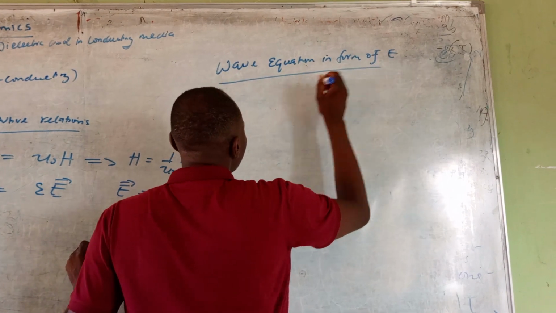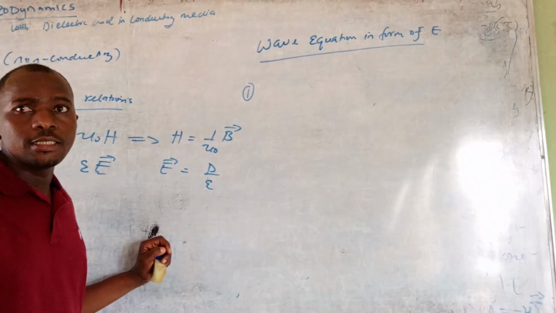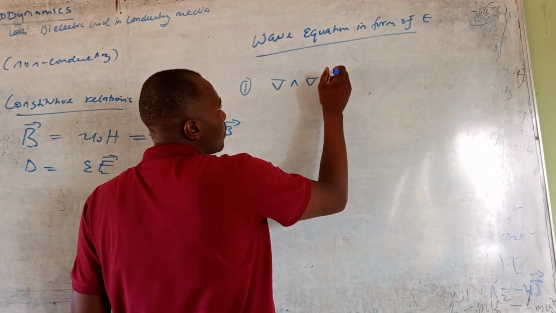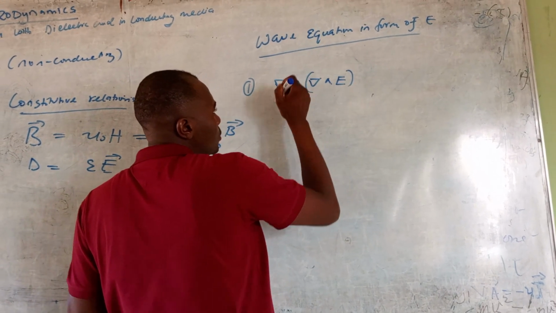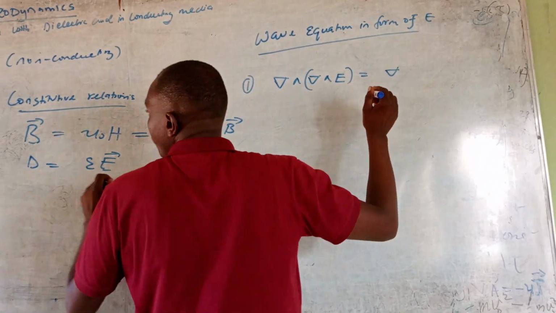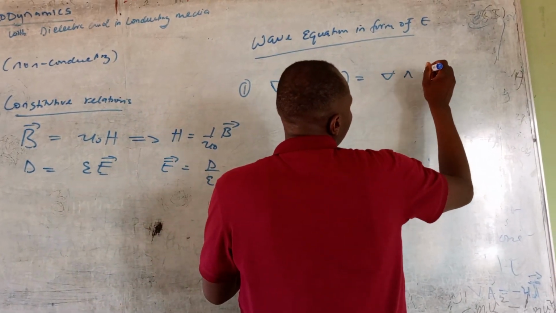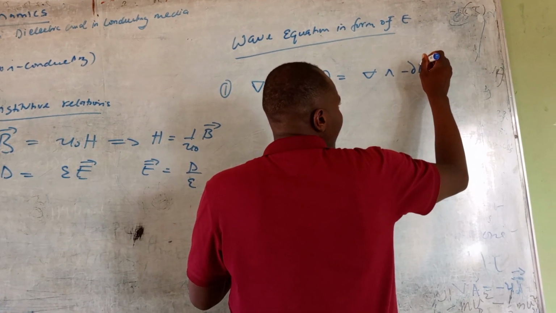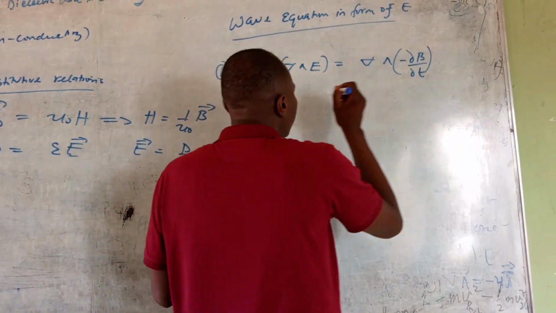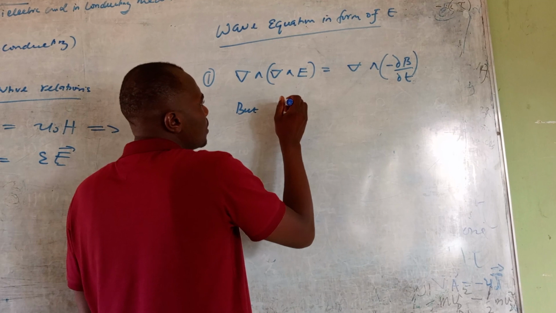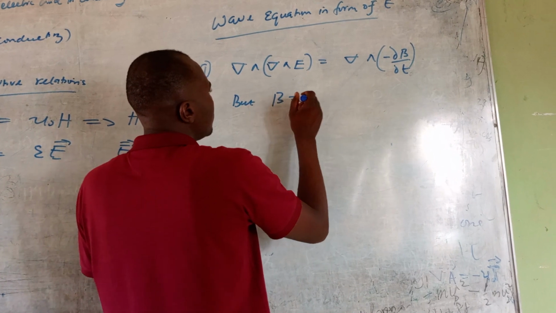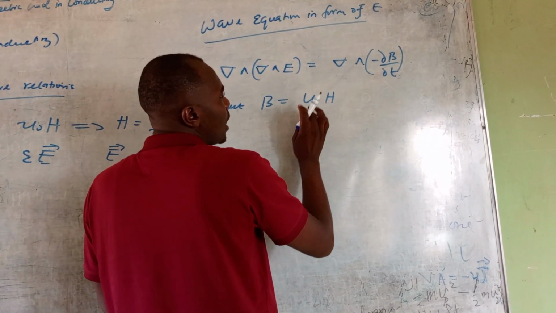I told you the first thing is we'll take the curl of the Maxwell relation, that's the third Maxwell relation. That means the curl of E. You know the third Maxwell's law? All is clear. So this will give me the curl of E equal to minus dB by dt. But my constitutive relation says B is equal to mu H. So I'm removing B here.